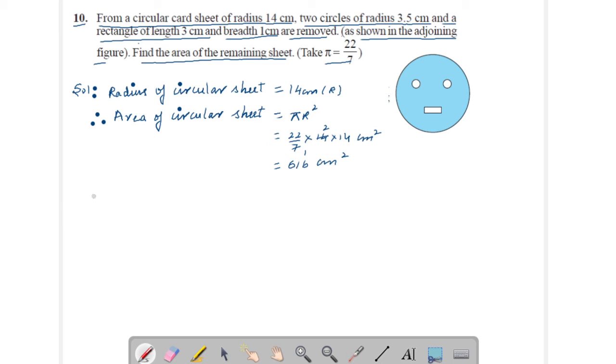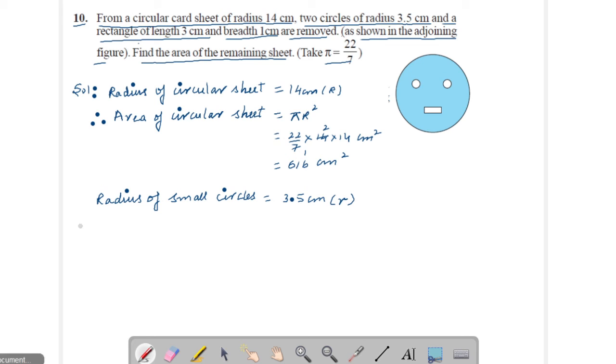Here radius of small circles, it is 3.5 centimeter. Let us represent it by small r.